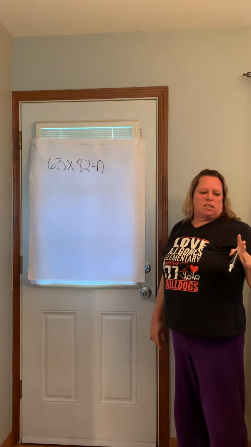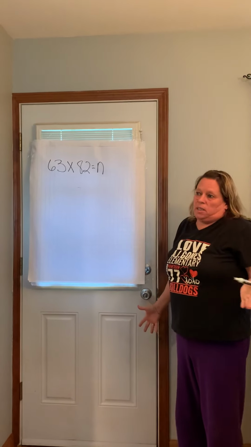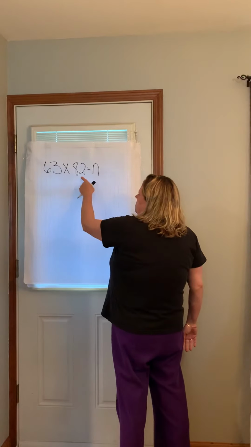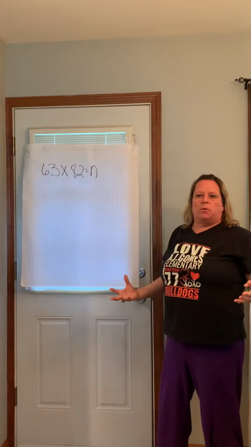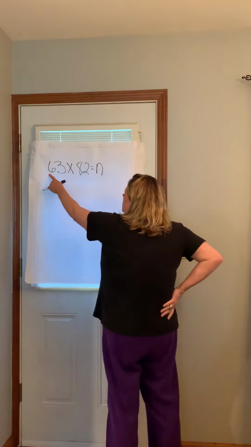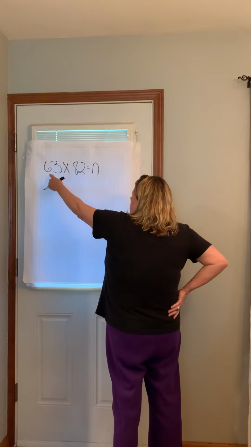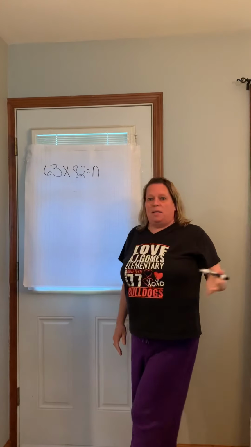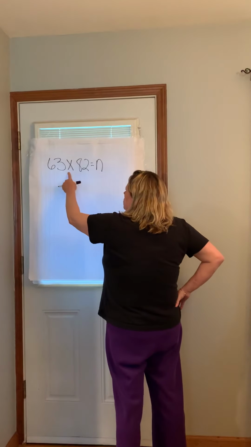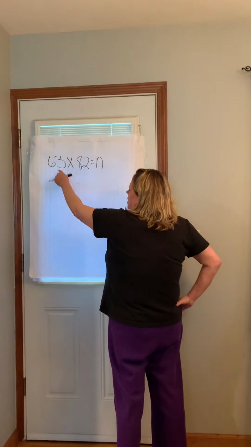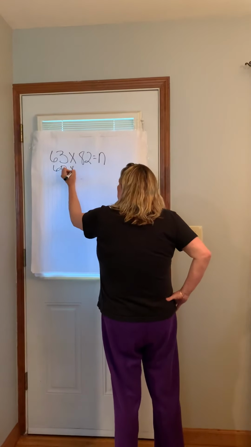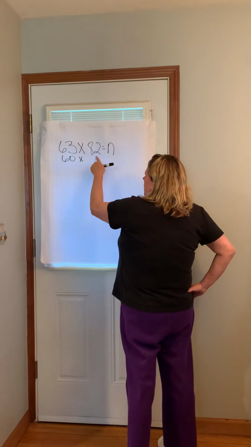The first thing I suggest you do, I always tell my class, and all of you should practice this, is we're going to estimate to see if our answer is reasonable when we finish. So if we estimate the number 63, is it closer to 60 or 70? Since the 3 is less than 5, we're going to estimate it to 60. Then we say 82.